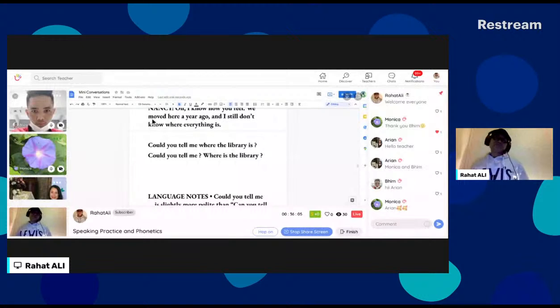Beam? Yes, teacher. The first sentence is correct. Could you tell me, why? Because there is asking like an exact place name.